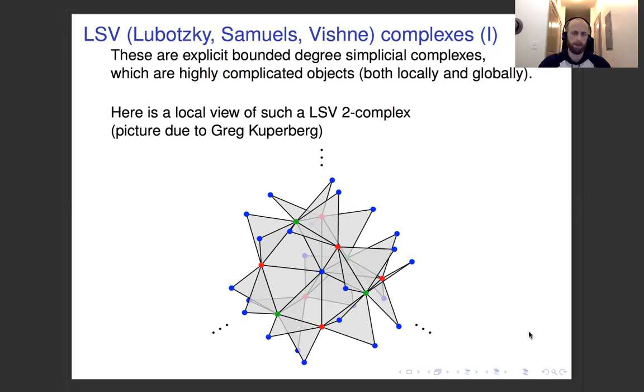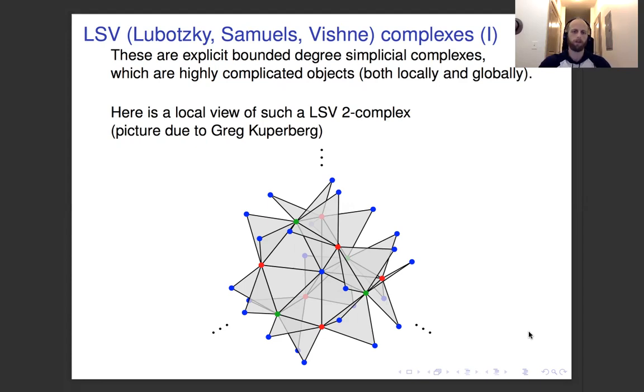And I want to begin by saying just that these complexes are simplicial complexes, and they are of bounded degree, and they are explicit in any sense that you can think of, from a computer science perspective at least, but they are highly complicated objects.